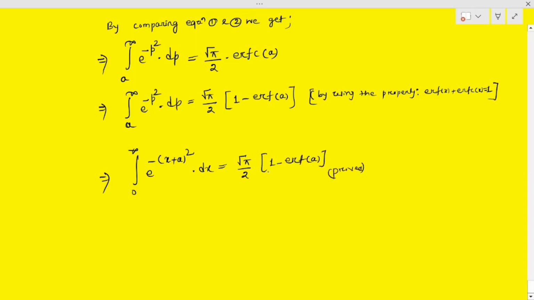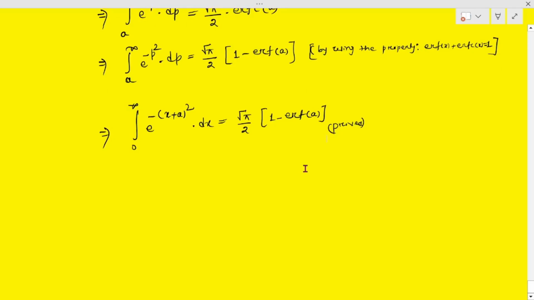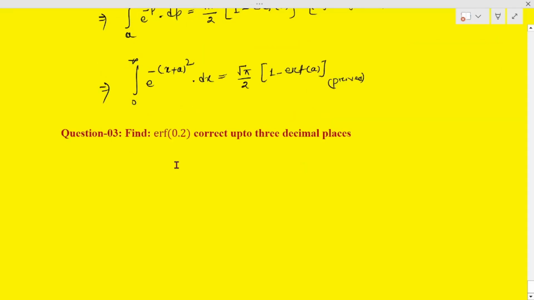Okay, now we are going to go for our third question. In question number 3, it is given: find the error function of 0.2 correct up to 3 decimal places. That means we have to find the error function of 0.2 by correcting up to 3 decimal places.